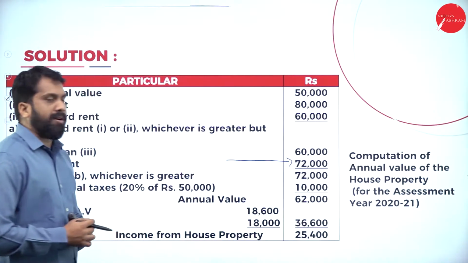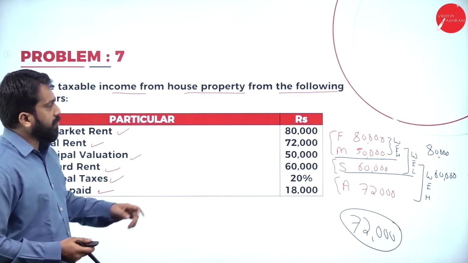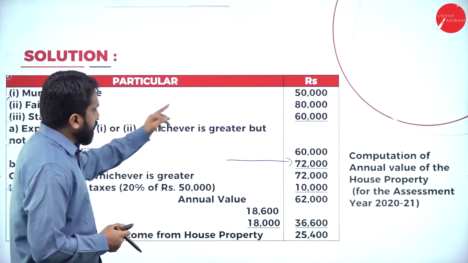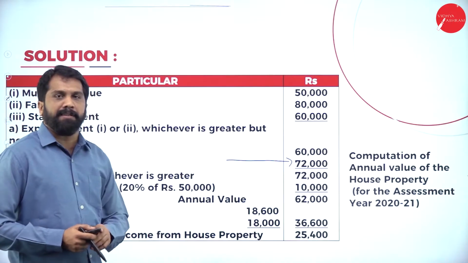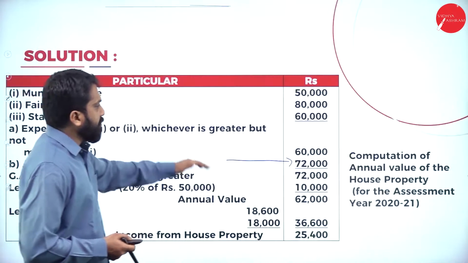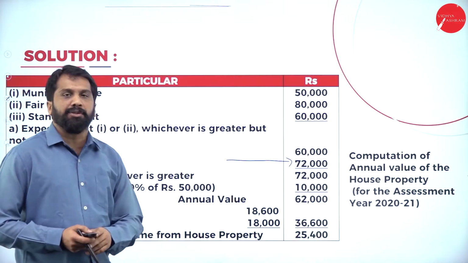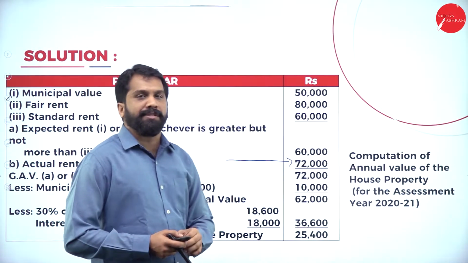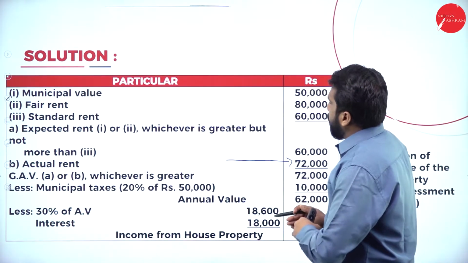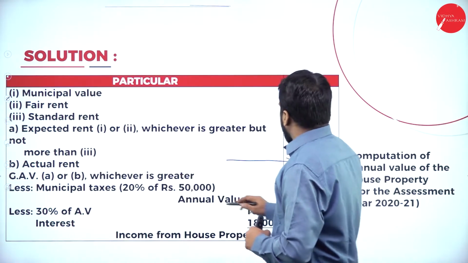Clear? Any doubt? So whatever calculation we have done, the same calculation they have done in the format. You can fill it here. Your final answer should be 72,000.